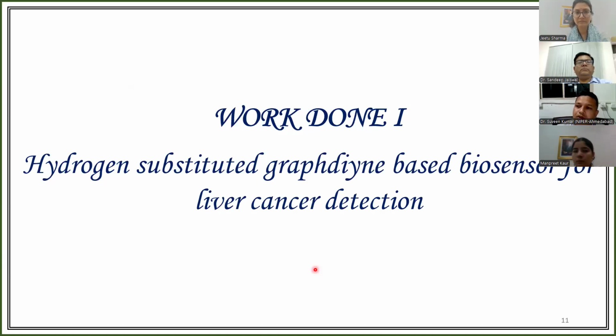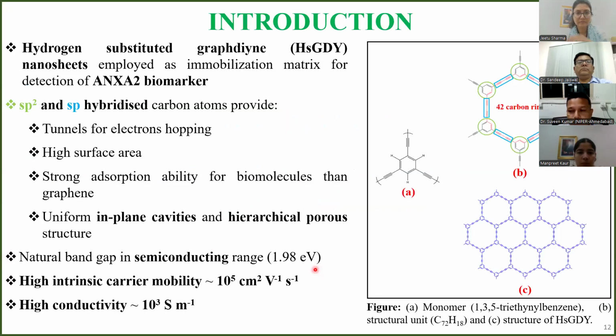The first work we will discuss here is a hydrogen substituted graphene based biosensor for liver cancer. This is the material that we have synthesized in our lab. As per my knowledge, this is the first report of the use of this hydrogen substituted graphene in the fabrication of biosensing devices.